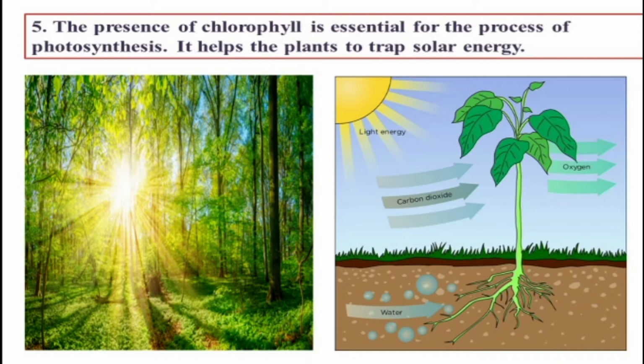That capacity is only with the plants' chlorophyll, using the presence of sunlight and converting it into chemical energy. Here, solar energy is converted into chemical energy with the help of chlorophyll. Yes.